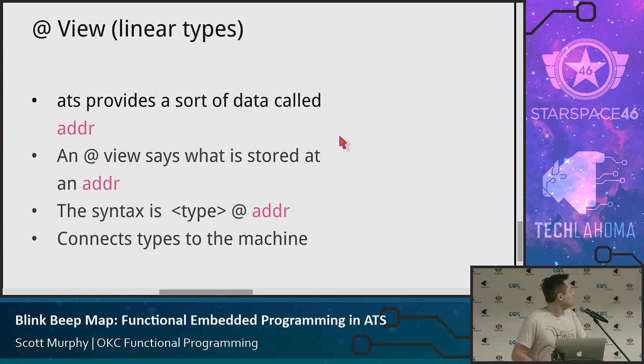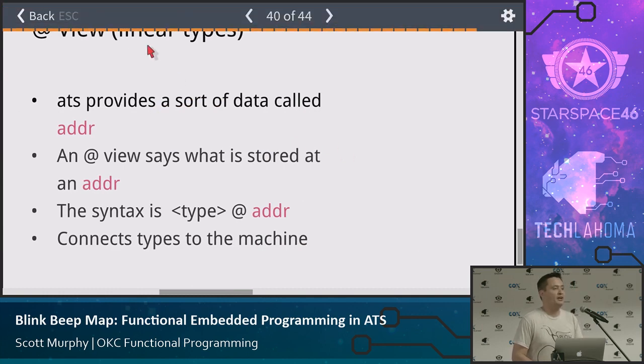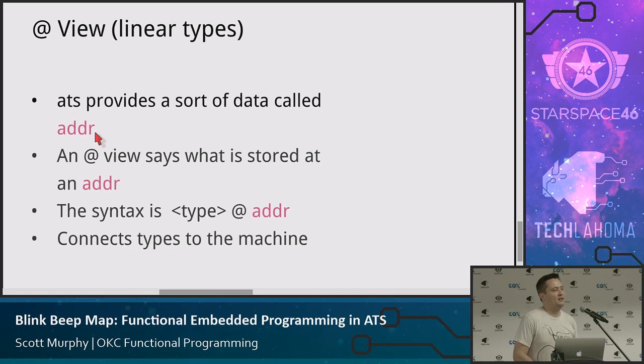Okay, so views or linear types. In ATS, there's an understanding that data is actually stored at addresses. We don't pretend that data just exists out in an ephemeral space and we can use as much space to hold that data as we want. We actually talk about addresses. An at view is how you say that. An at view says what is stored at a particular address.